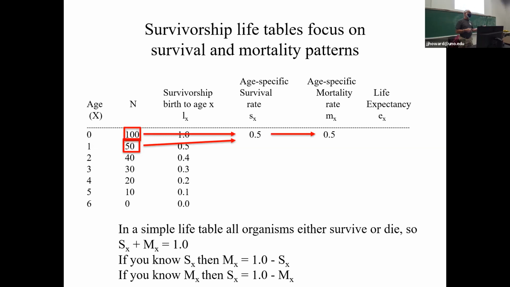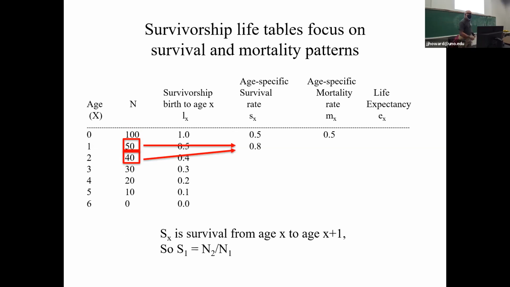So 50% survive, 50% die. Now let's look at S1. That's the number alive at age 1 and the number that survived to age 2. So you divide the number alive at age 2 by the number alive at age 1. And so now that's 80%. 80% of the 1-year-olds survived to be 2. So that is S1.